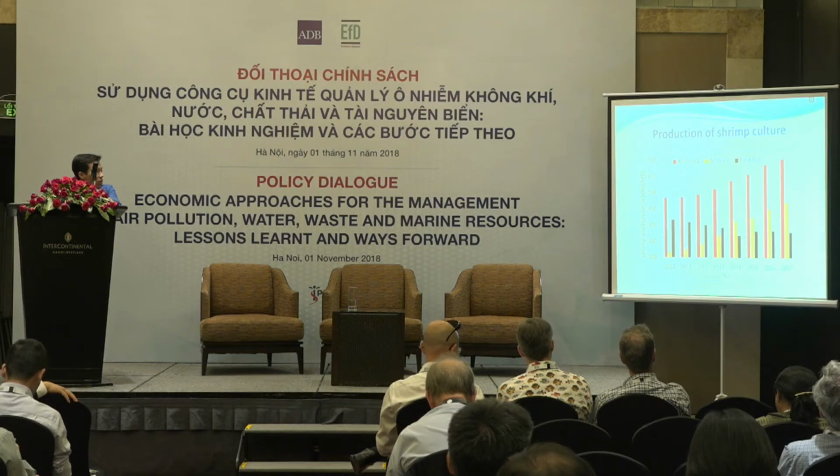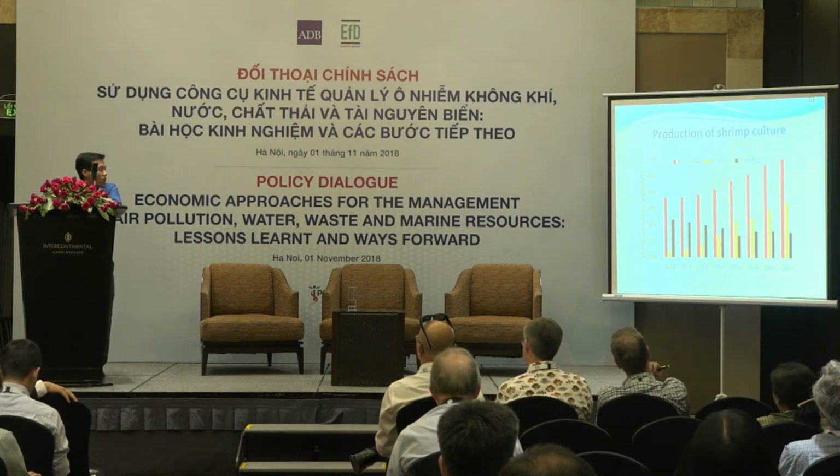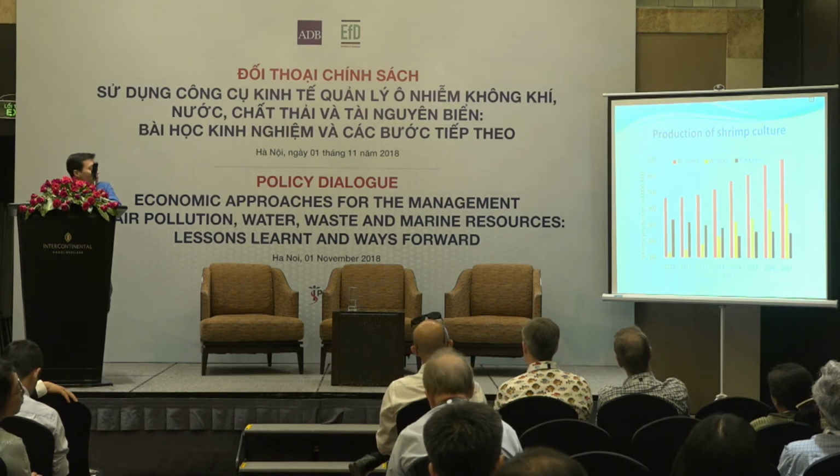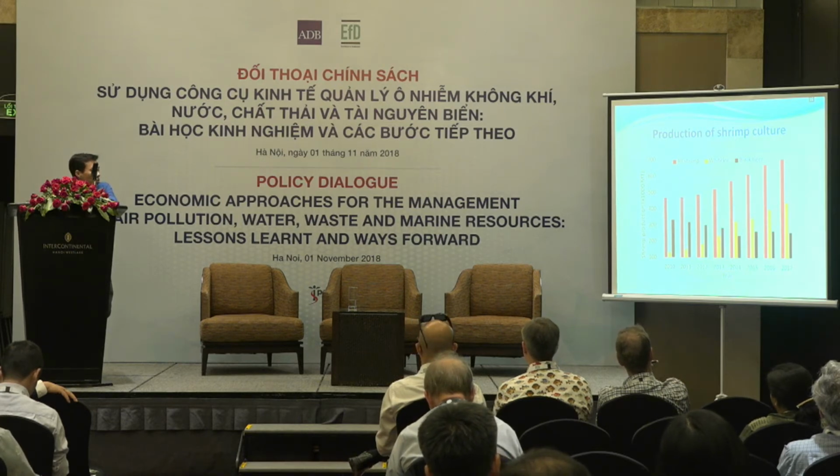So this is the production for the shrimp aquaculture. You can see it's very high production. The main two species are white leg and black tiger.